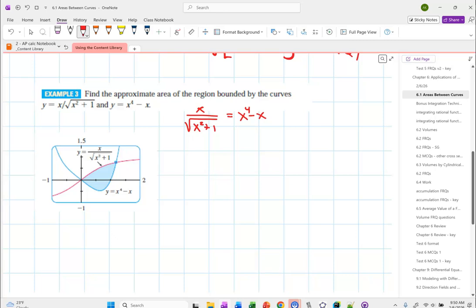Woof, guys, how are we solving this? I think the best option would be doing this. That'll get rid of our square root.